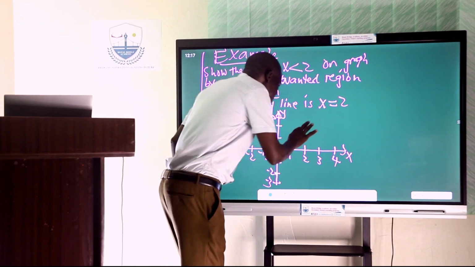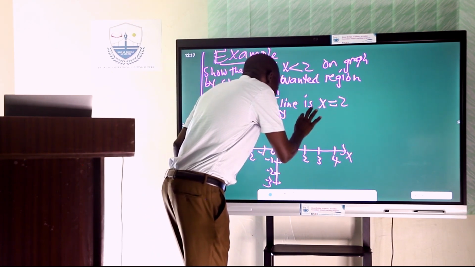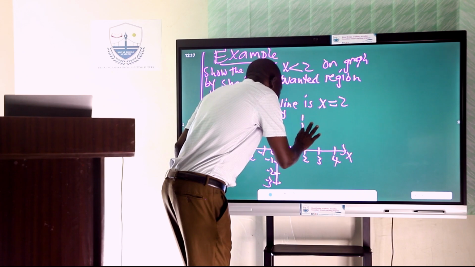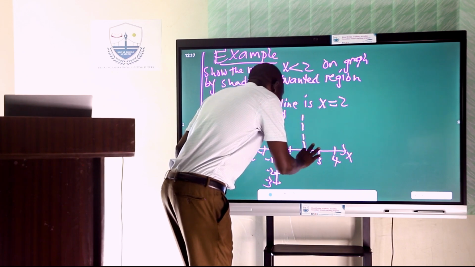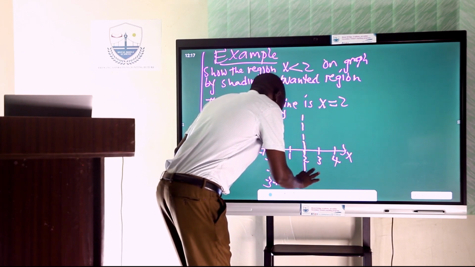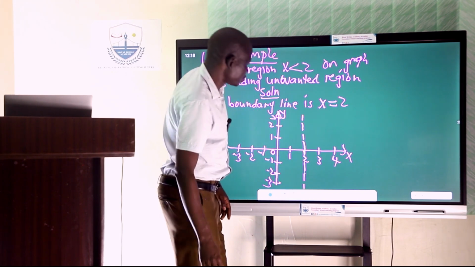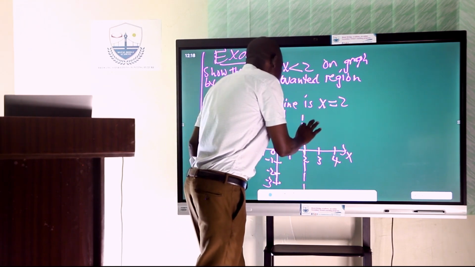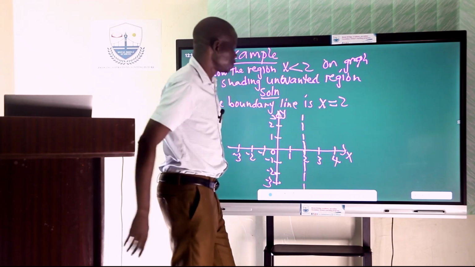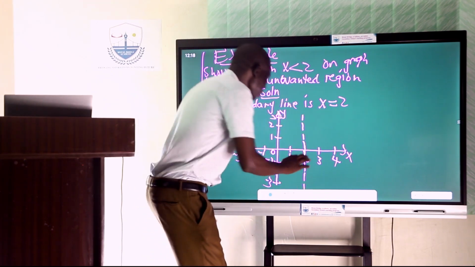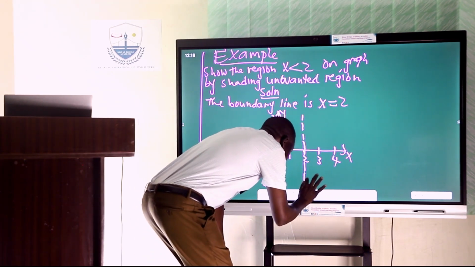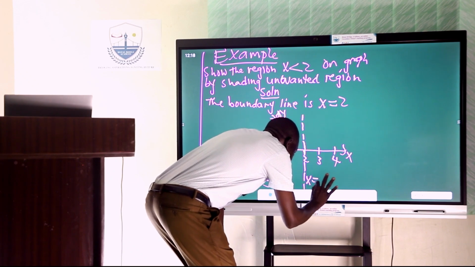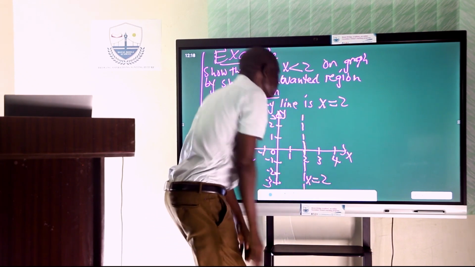So we draw a broken line like this, passing through 2, and we label it the line x is equal to 2.